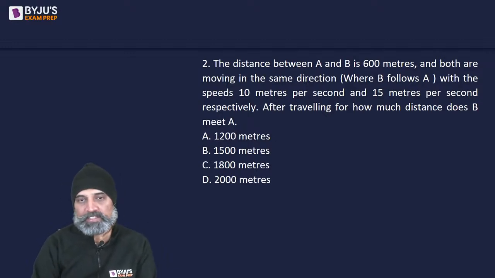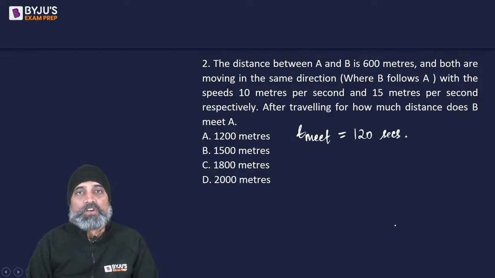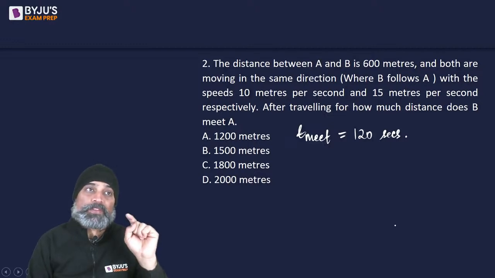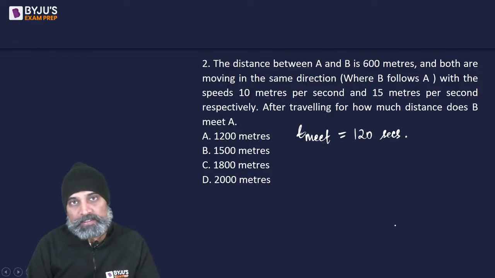From the previous question, we just found out that the time taken to meet is 120 seconds, right? So this 120 seconds denotes how long A and B both were traveling. A was traveling for 120 seconds, B was also traveling for 120 seconds.